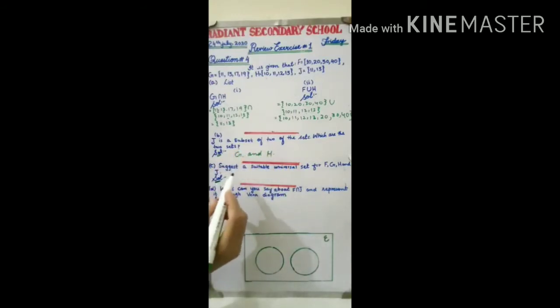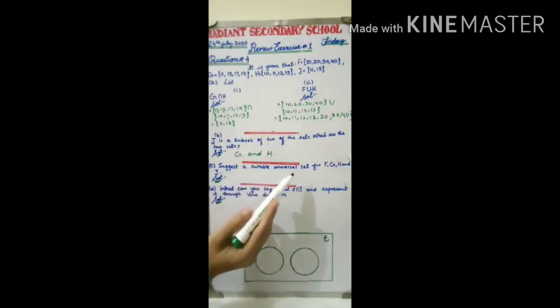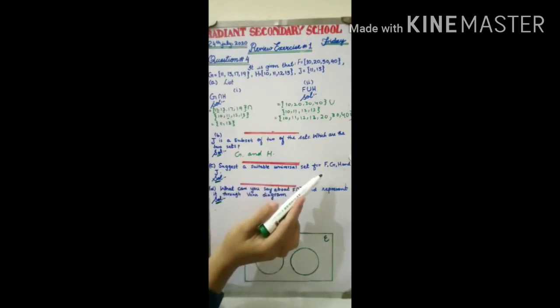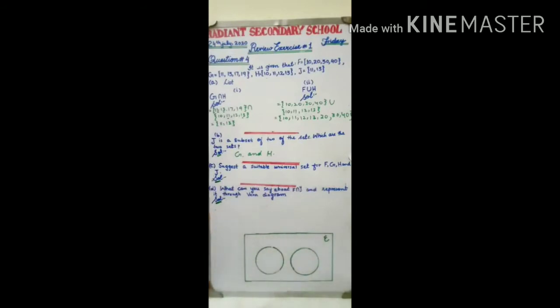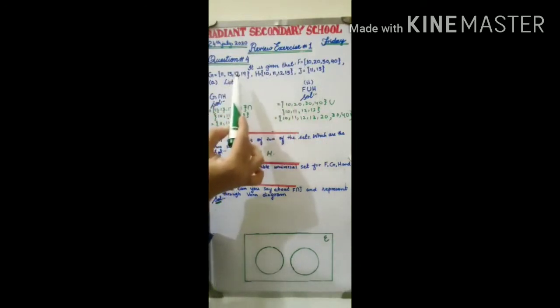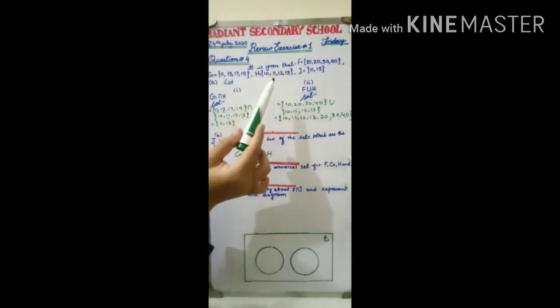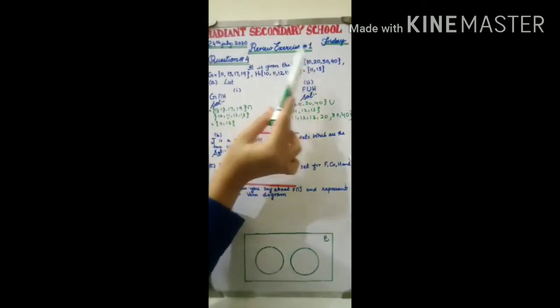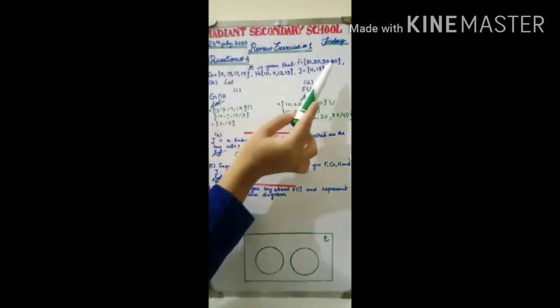In C part, suggest a suitable universal set for F, G, H and J. For these four sets, we have to suggest a suitable universal set. So look at the smallest element in these four sets. The smallest element is 10 and the largest element is 40.